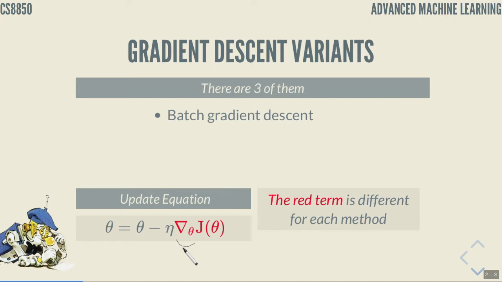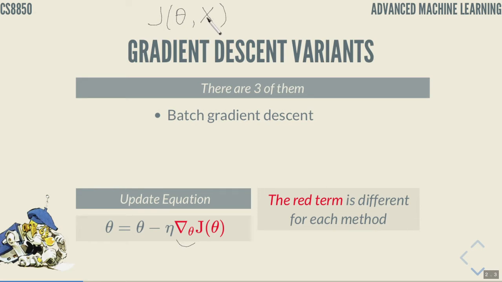So when we're saying J, what we are in fact saying is not just a function of the parameters, but also a function of our data.